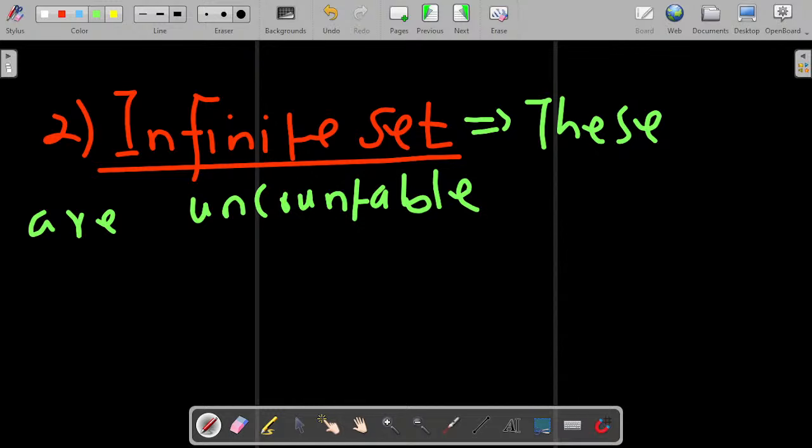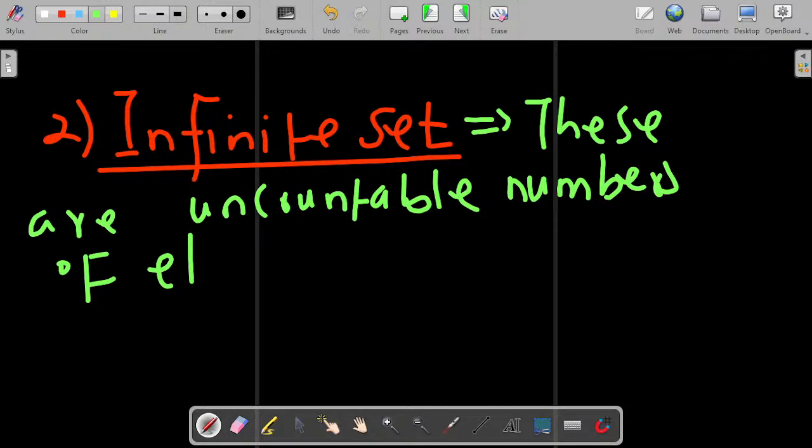These are uncountable numbers of elements. You just gave a very good example. We have things like rice, sand, water, and so these are examples of infinite sets. You can write any of those as your example.